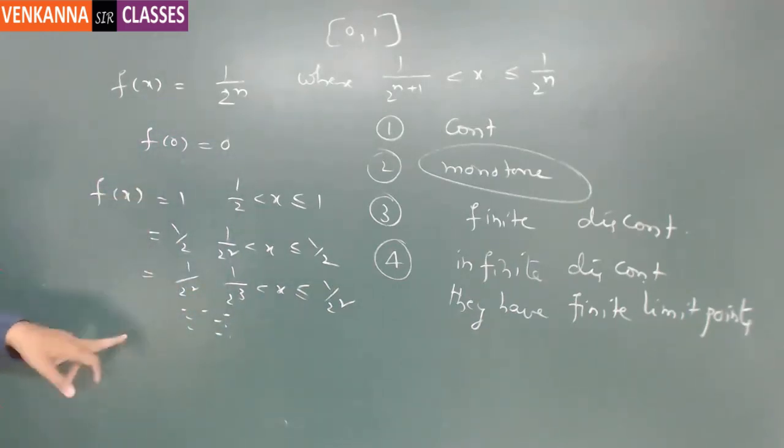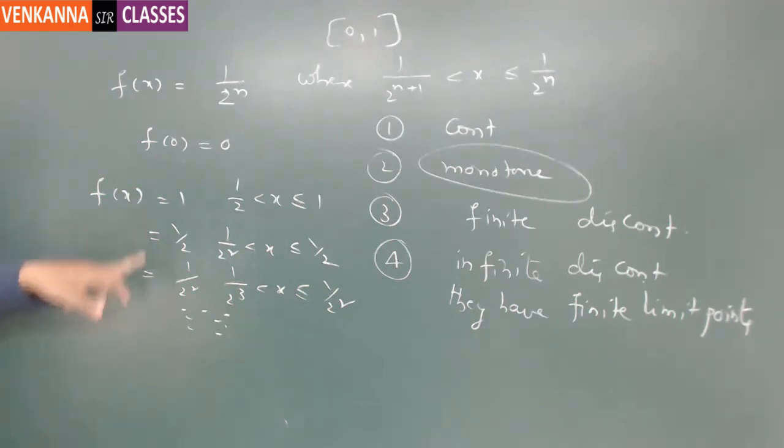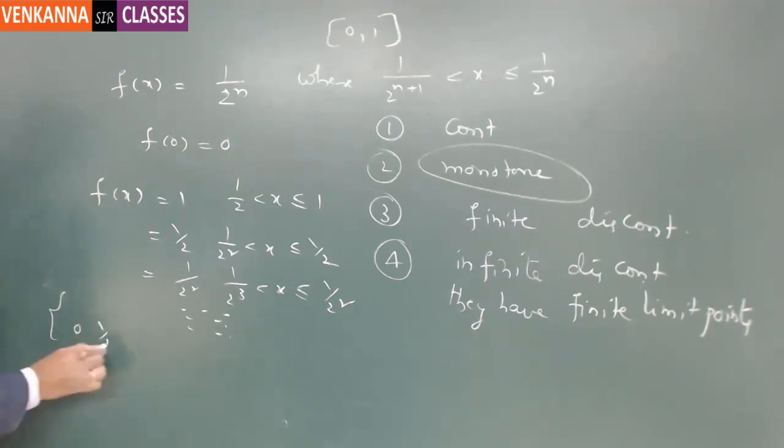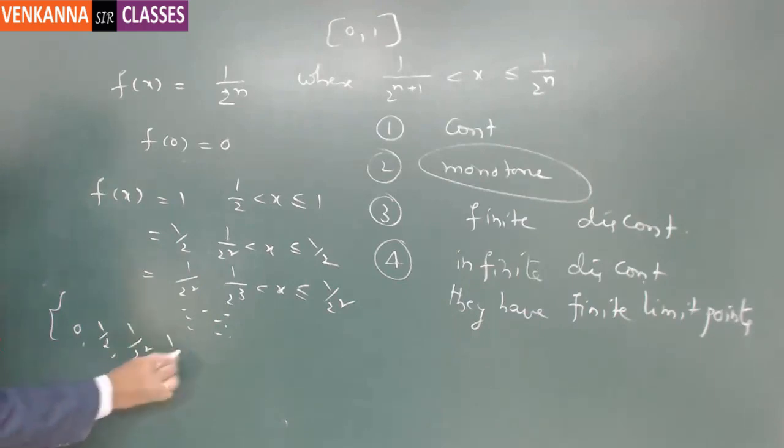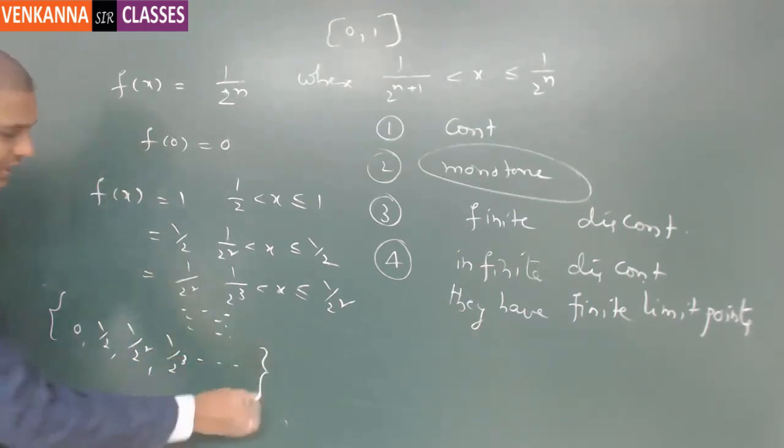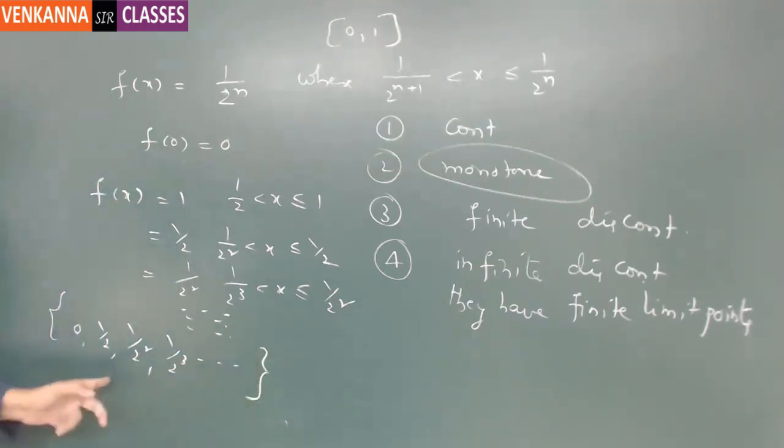Now, what are the points of discontinuity for this function? 0, 1/2, 1/2 squared, 1/2 cubed, and so on. These are the points of discontinuity for the function.